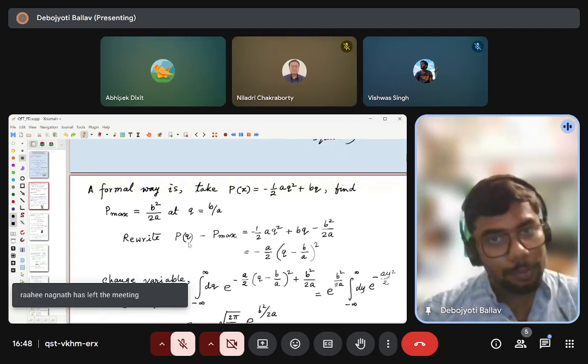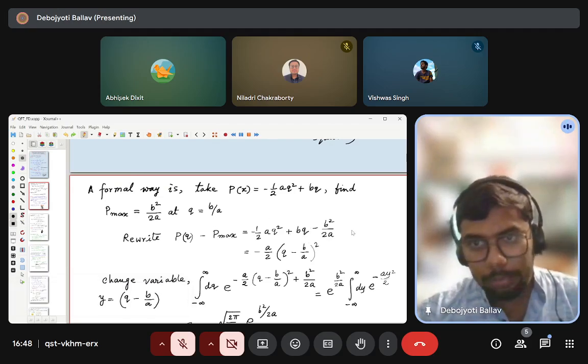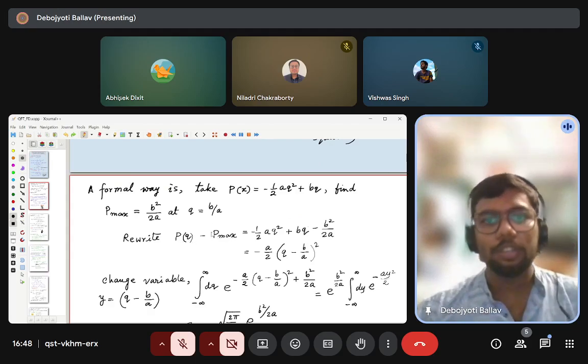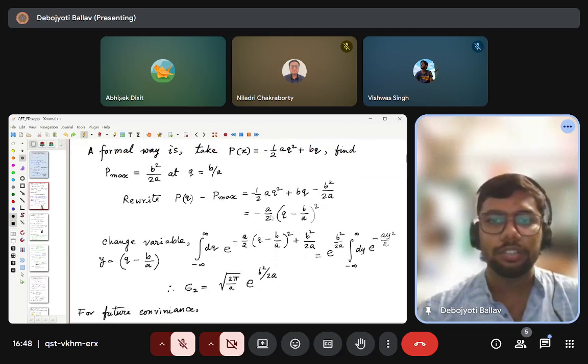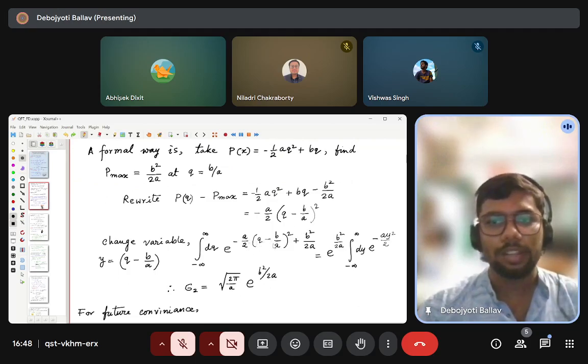Now you rewrite p of q minus p max, which is this, and that will complete your square. So p of q minus p max plus p max. You can readily see that you can write it as minus a over 2 (q minus b by a) whole square. And your exponent you can now write in terms of this completing the squares, that is a by 2 (q minus b by a) whole square plus b square by 2a.